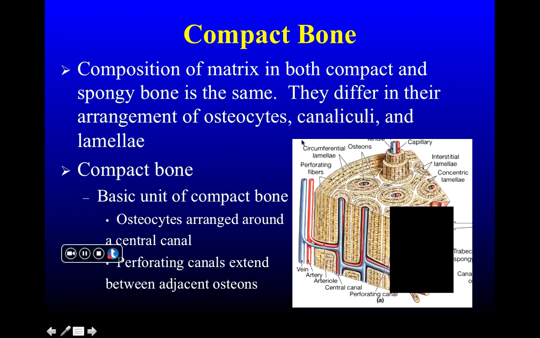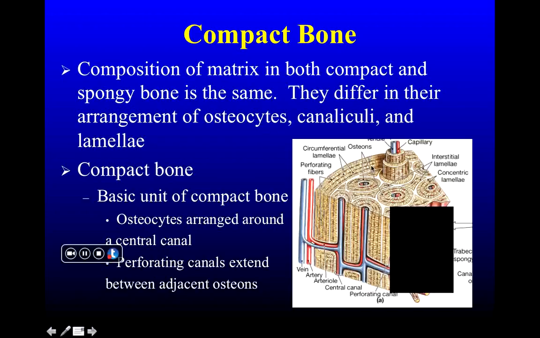Okay, so compact bone first. Well, the name implies the bone is laid very close to each other. They're connected to each other with these different arrangements of bone layers. We have these bone layers that are surrounding the compact bone. They're called circumferential because they're surrounding, like circumference.